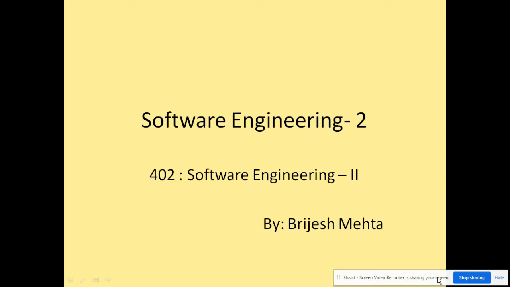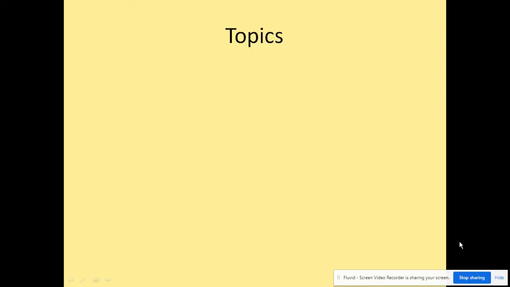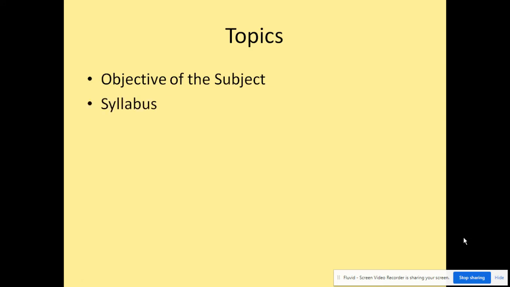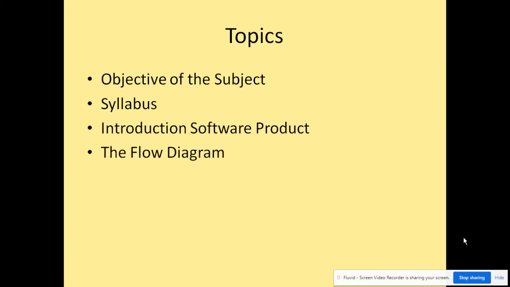Today we are going to cover these topics in this session: the objective of the subject, the syllabus, introduction of software product, the flow diagram, and system tools and techniques. Yes, so let's start with the objective of the subject.